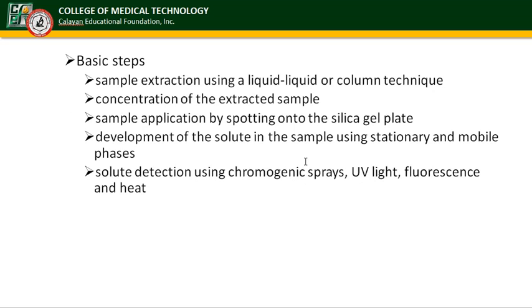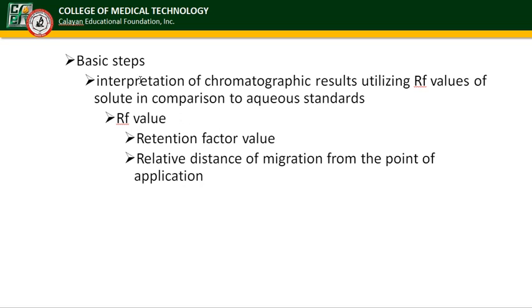The basic steps in chromatography are sample extraction using a liquid or column technique, concentration of the extracted sample, sample application by spotting on a silica gel plate, development of solute in the sample using stationary and mobile phases, solute detection using chromatographic sprays, UV light, and fluorescence and heat, and interpretation of chromatographic results utilizing RF values.